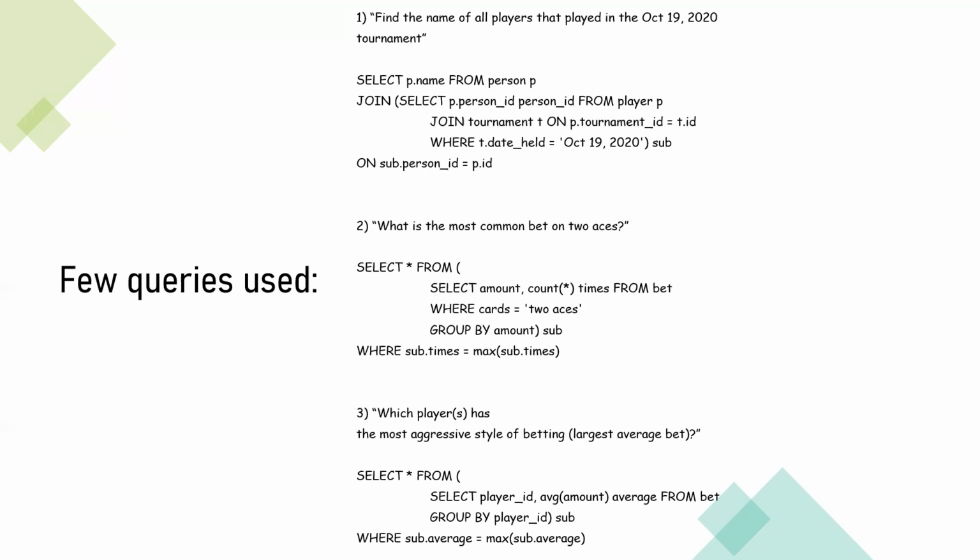We're grouping it with the help of player ID, where we're taking the average. That is, we're considering the average amount placed by the player in the few matches that he has played in recent times, in order to get the largest average bet amount.